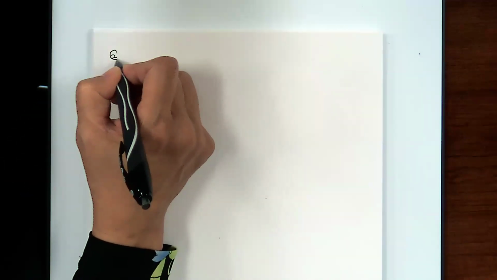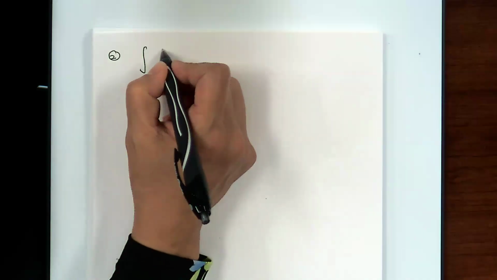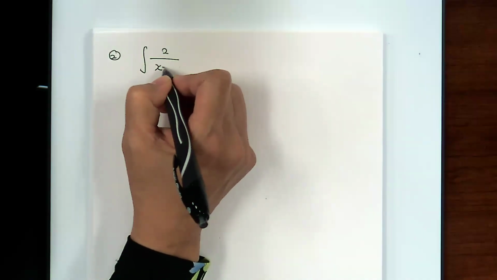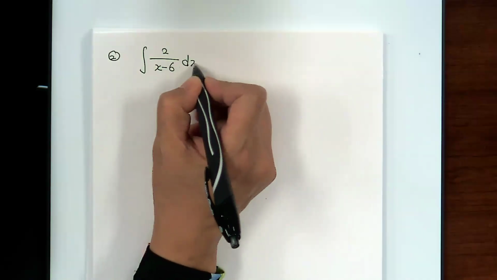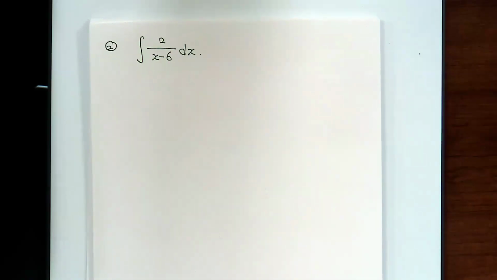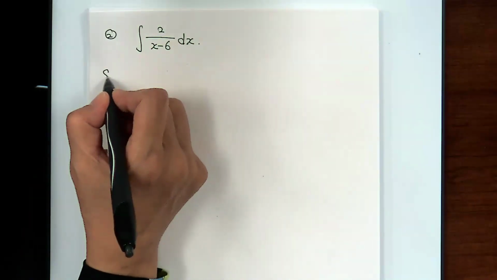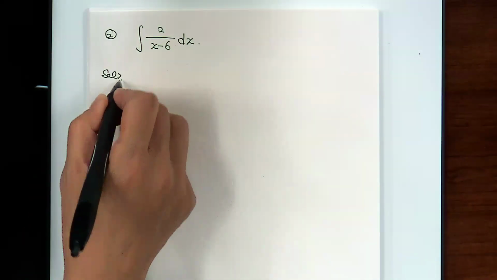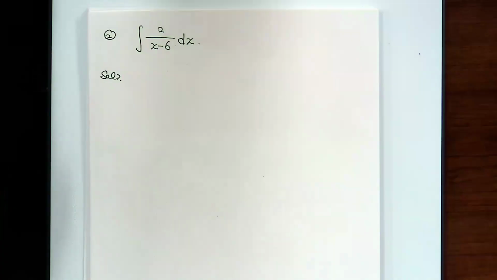Second problem is integration 2 over x minus 6 dx. We cannot separate the fraction because x minus 6 is in the denominator.